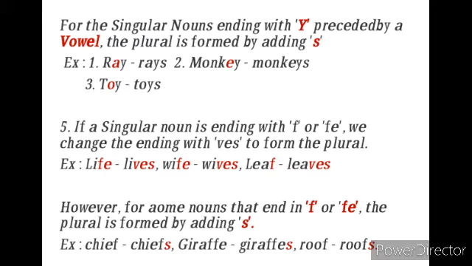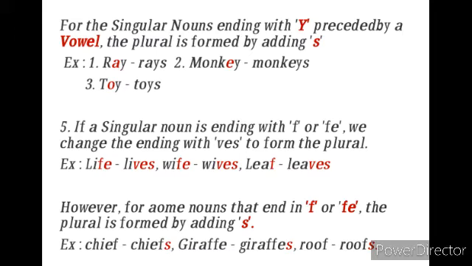Let's come to the example. Ray, rays, monkey, monkeys, toy, toys. You can see that the word ray is ending with the letter Y, and before Y we can see A. A is a vowel. And next is monkey. The word monkey is ending with the letter Y, and before Y we can see E. E is a vowel.